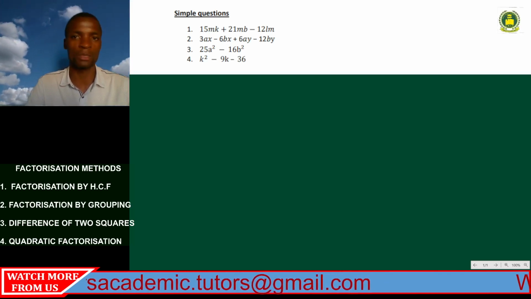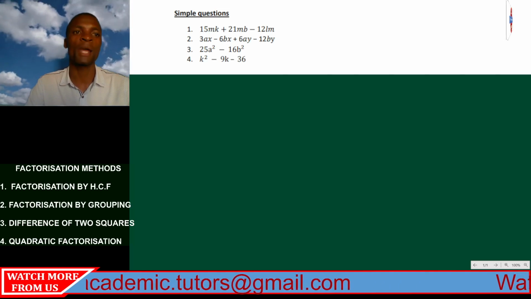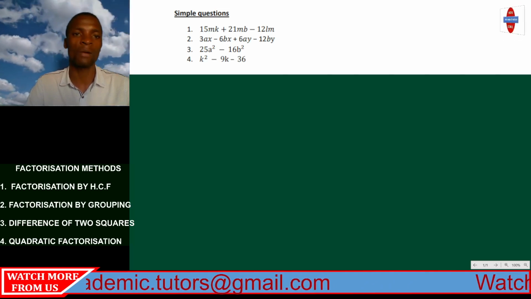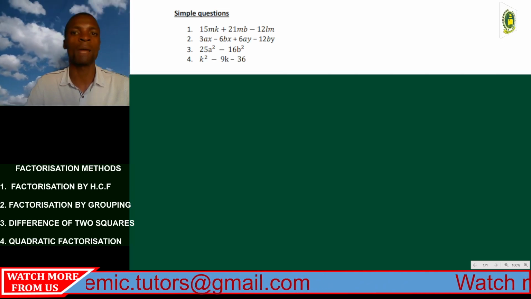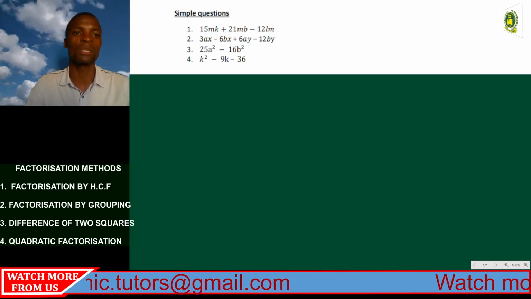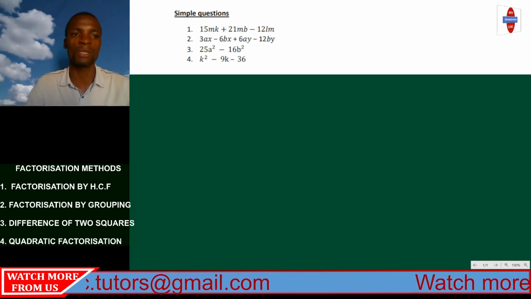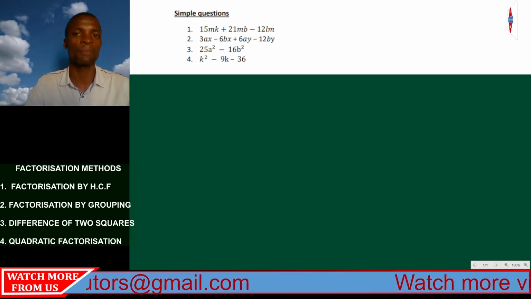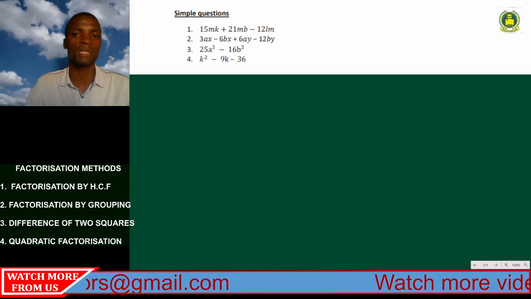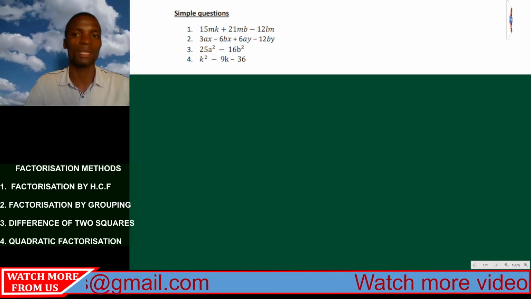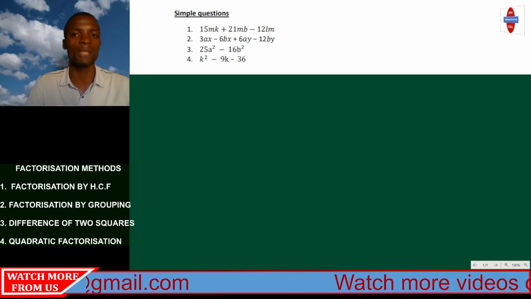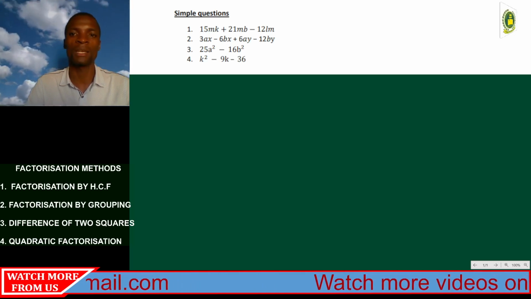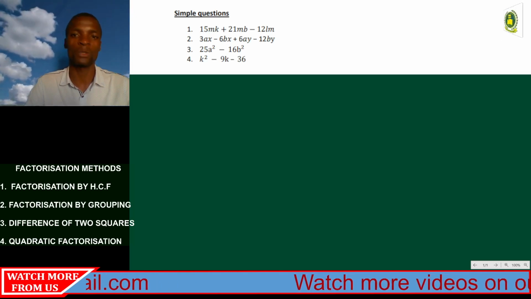We have 4 methods. So meaning to say these methods are going to be operated according to their own rules, whereby I'm going to be introducing the rules as we'll be factorizing. So it is very important for you to check the question and try and match it to the method. It is very important, guys, because you can't factorize a quadratic expression using factorization by HCF.